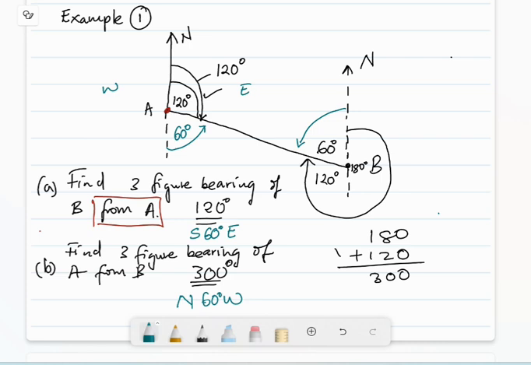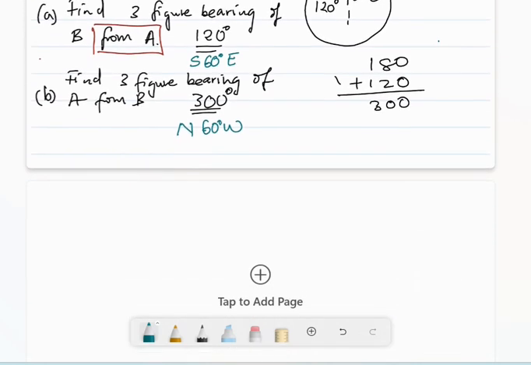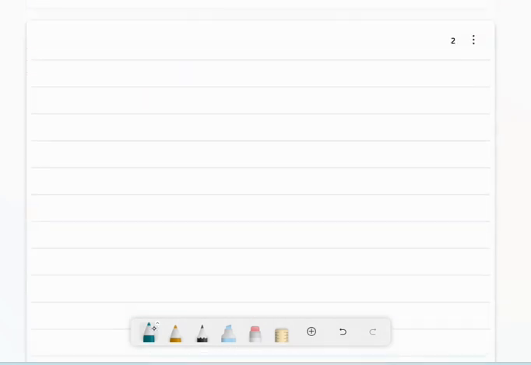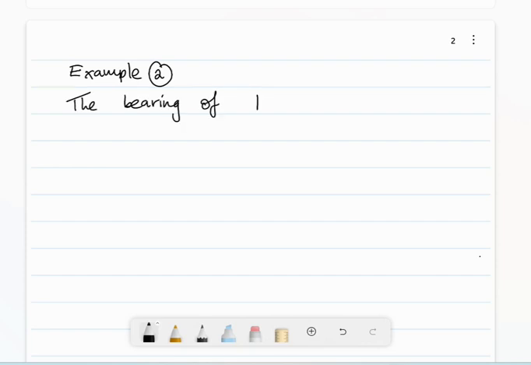Right, I'm going to give you another example. Normally some of the questions are given as statements. For instance, let's say we have something like this, so we can call it example 2. The bearing of P from Q is 050 degrees.